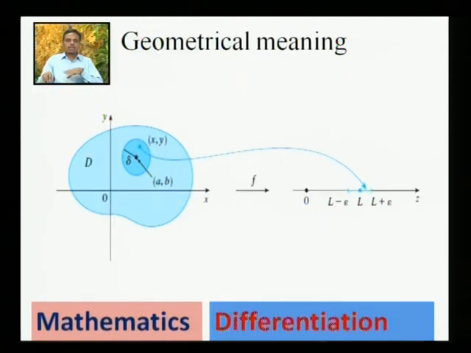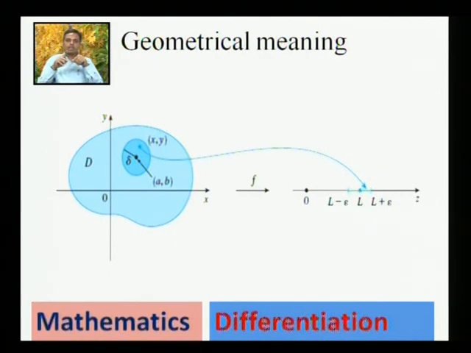Now we can see the geometrical meaning. On the left hand side we have taken the x axis and y axis, that is, two dimensions. You see the circular delta disc centered at (a, b). Now you take any point (x, y) in that disc.